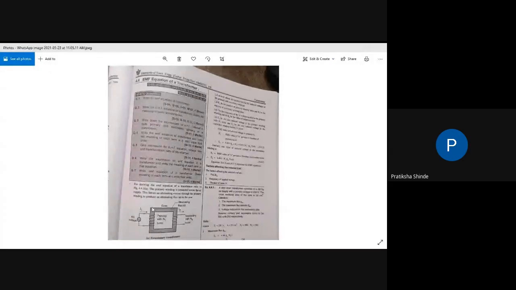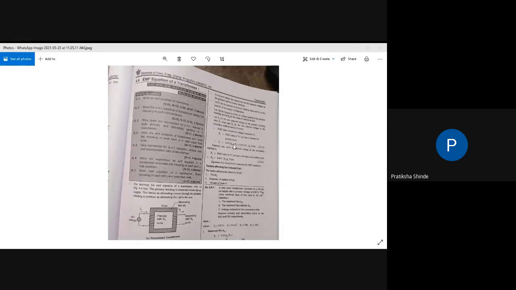There are various steps for the EMF equation. For example, compared to Faraday's law, E is equal to N d phi by dt. Now if we differentiate that equation, we get the final value 4.44 phi m.